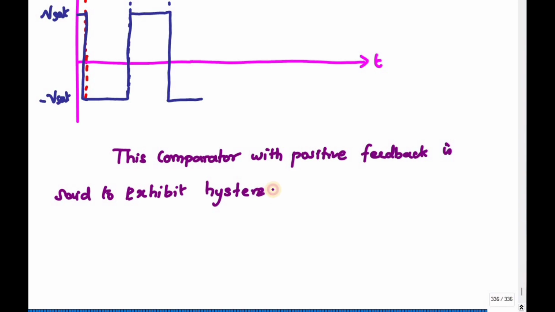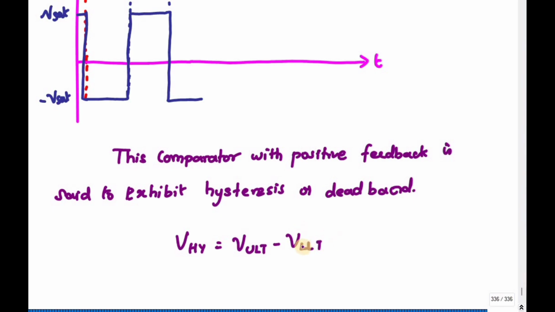This is also called as dead band. So what is dead band? I can write this as V hysteresis equal to VULT minus VLLT. So this is nothing but the hysteresis voltage.